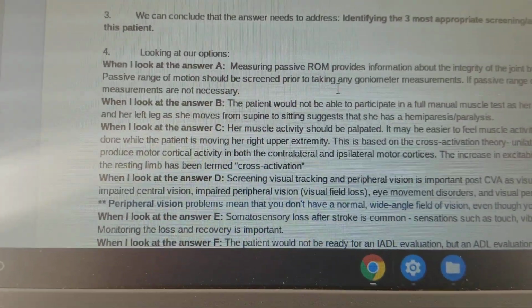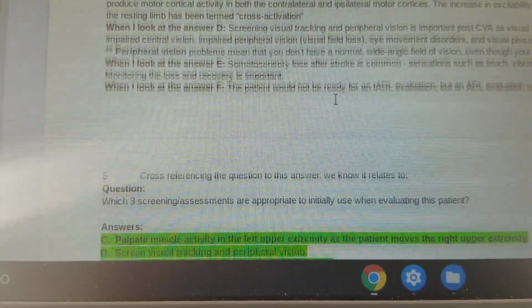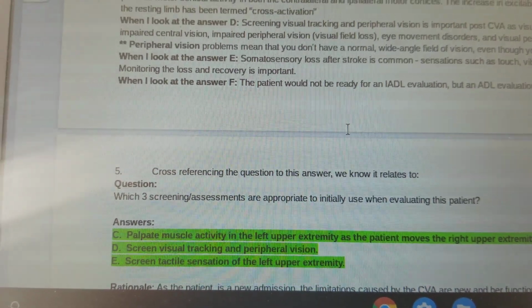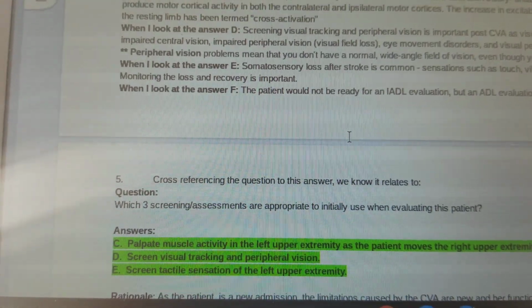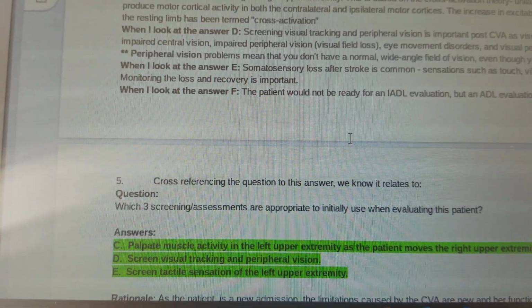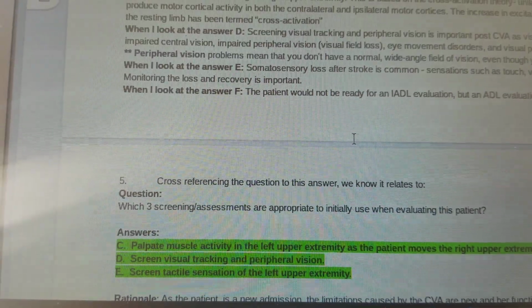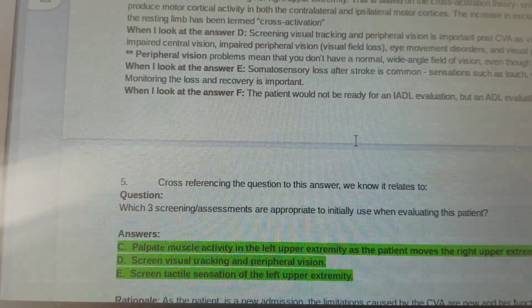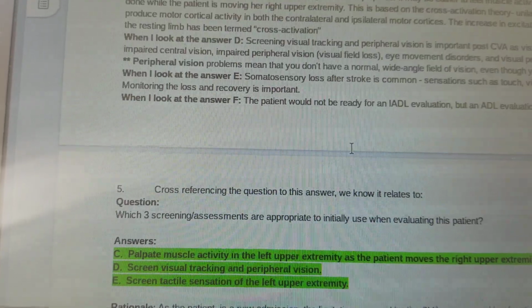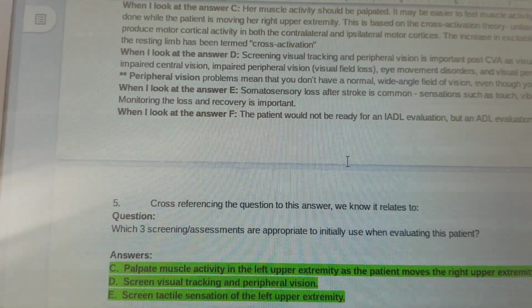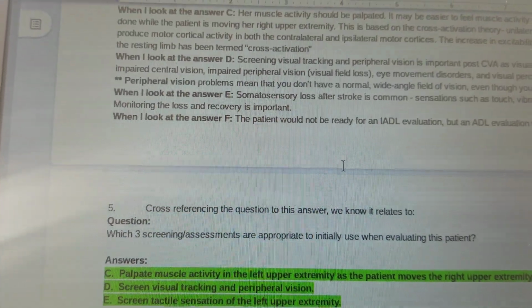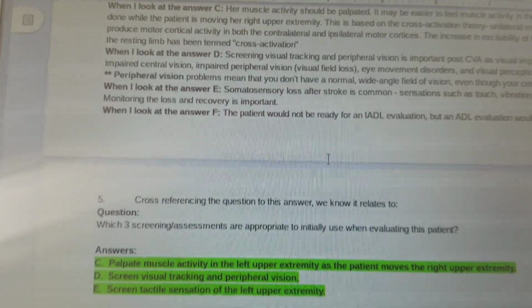And when I look at answer E, somatosensory loss after stroke is common. Sensations such as touch, vibration, temperature, proprioception, and pain. Monitoring the loss and recovery is important. And when I look at the answer F, the patient would not be ready for an IADL evaluation, but an ADL evaluation would be indicated.